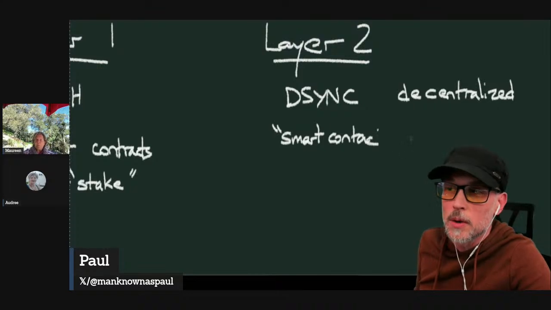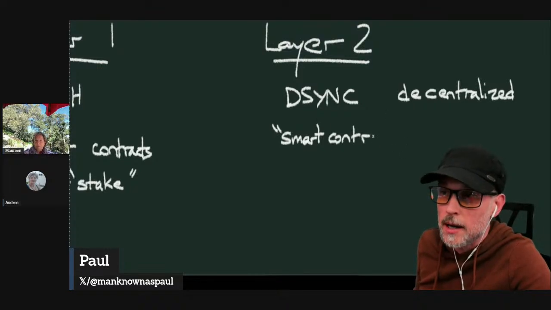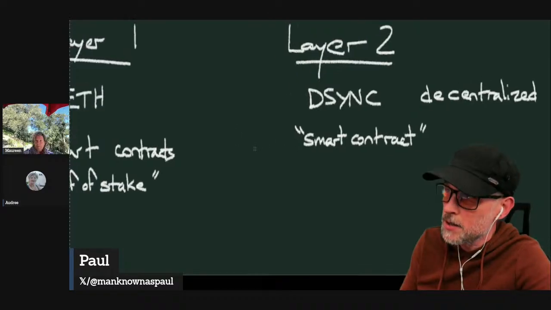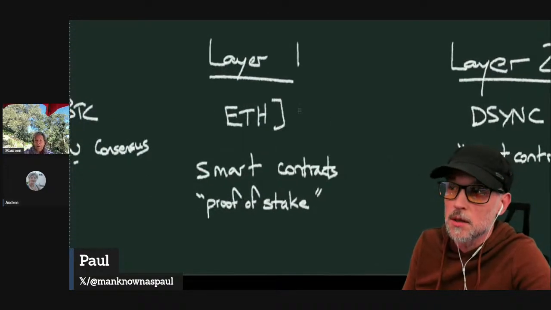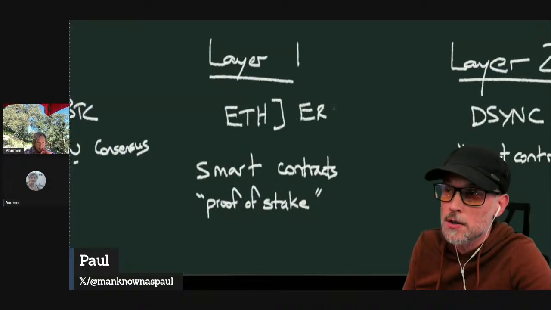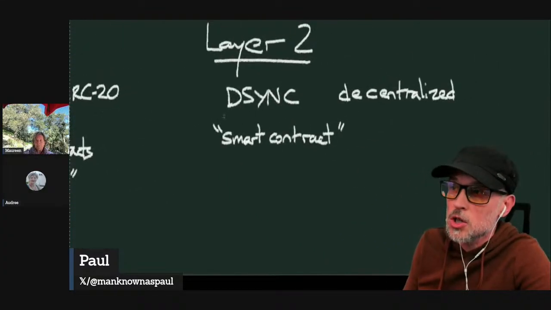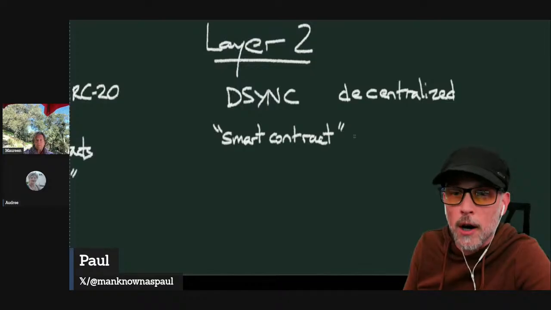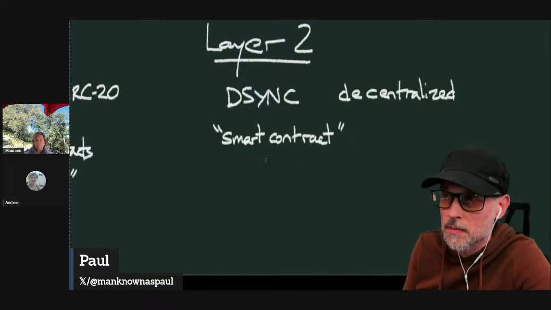So it's another smart contract using the same language as Ethereum, because this is the language ERC20. DeSync is using the same language, but they've got their own parameters.